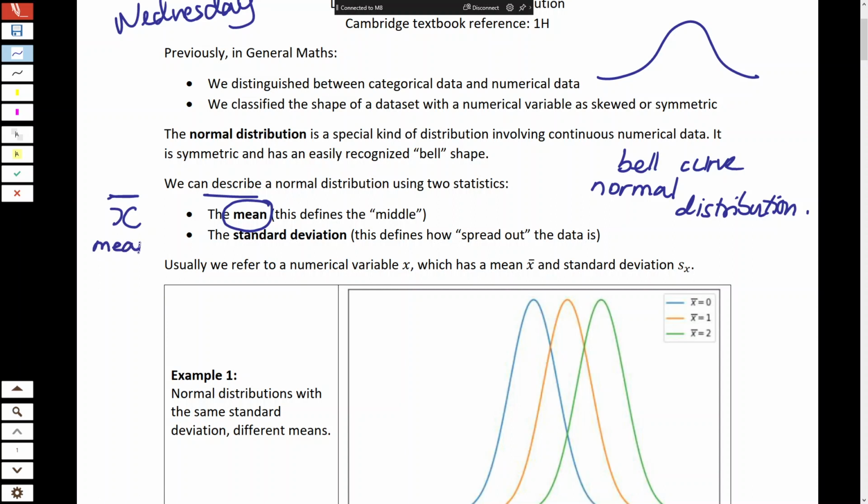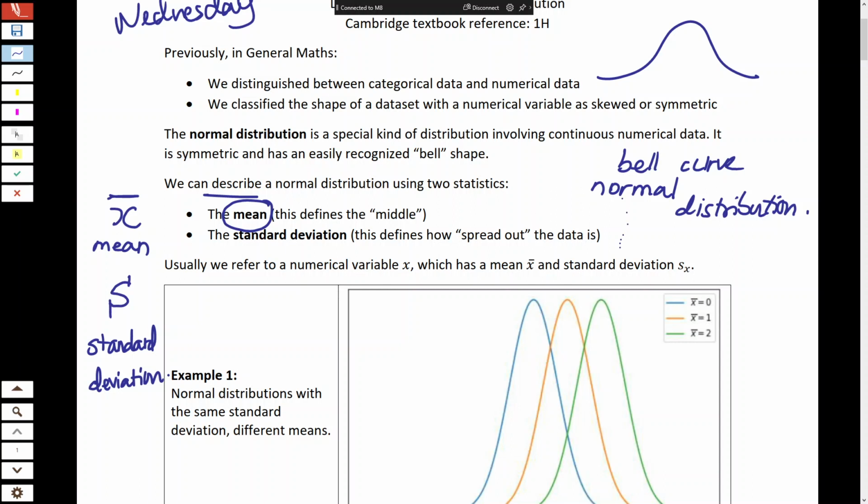Remember, if you put a horizontal line above the letter, that means the mean of that variable. All right, and then the other piece of information is the standard deviation. You don't need to worry about what that means. The standard deviation for our purposes is just a number that tells us how spread out the data is. And we are going to give that piece of information the letter S.